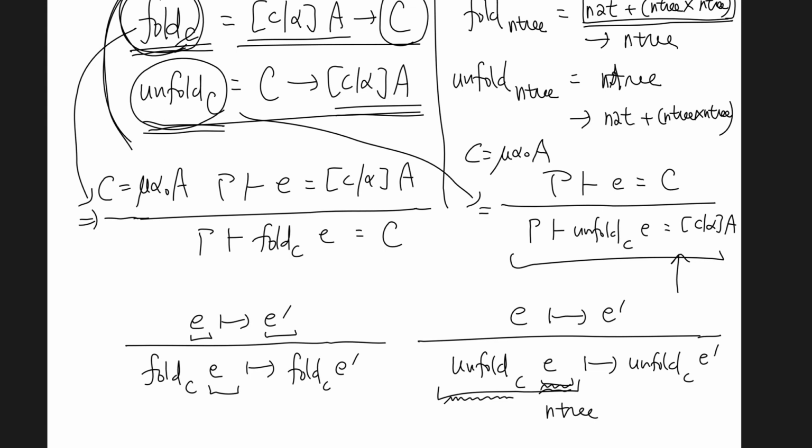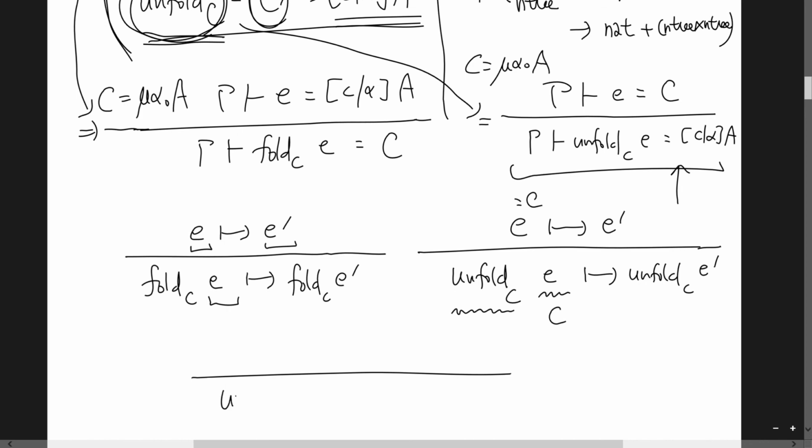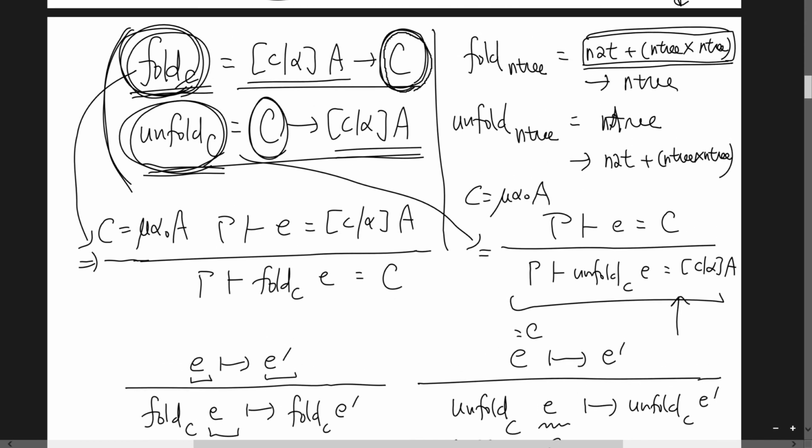Now, this unfold is expecting an expression of type C. So it must have type C, and the only way to create a value of type C is by applying this fold C. So if everything goes all right, then you should have unfold C, and the argument should reduce to fold C v, because this unfold is expecting a value of type C, and the only way to create a value of type C is by applying this fold.